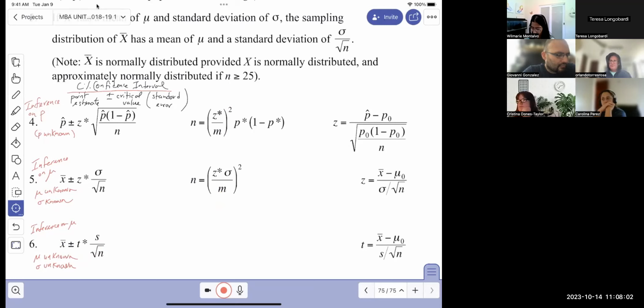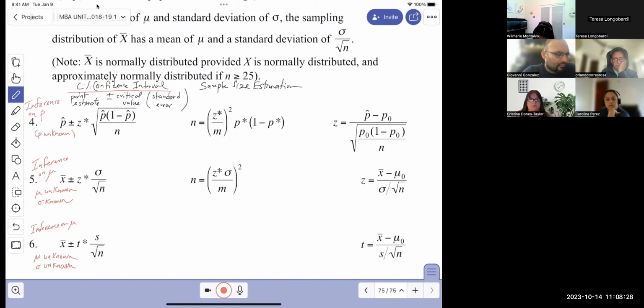What is this column? This column is instructing you how to find sample size. Now, this is a very practical tool.